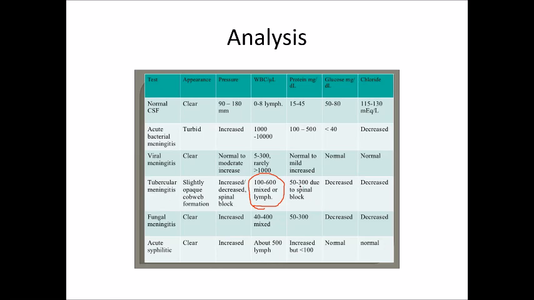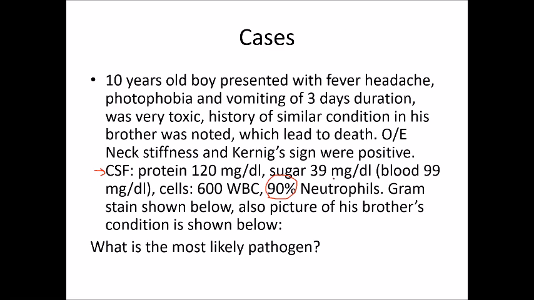Protein can be as low as 50, but it can be very high, especially if there is spinal block. And also the pressure is very important here. We pretty much spoke about that previously. And these are the CSF parameters in general.